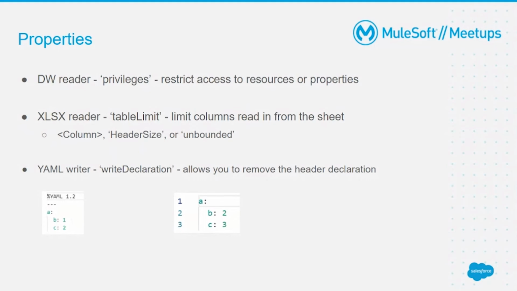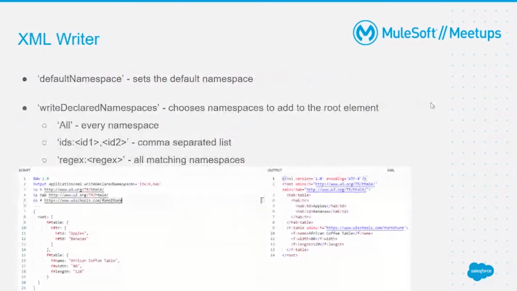You can also set it to header size, which will read in all of the columns that have headers, and any columns that don't have headers won't be read in, or unbounded, which is the default, which will read in all the columns. And then the YAML writer, this one is pretty specific, but you now have the option of whether or not you want to include the YAML declaration at the top of it with the write declaration writer option.